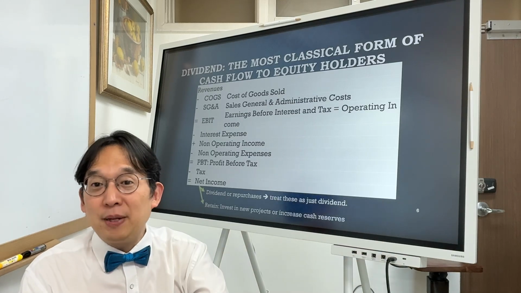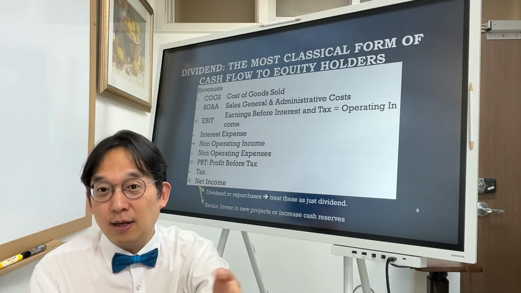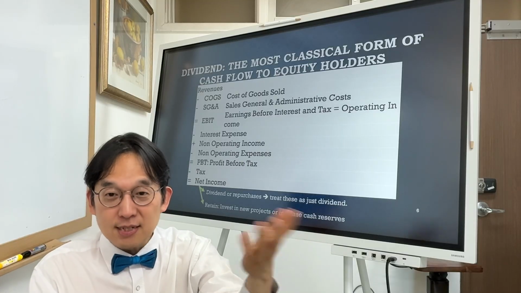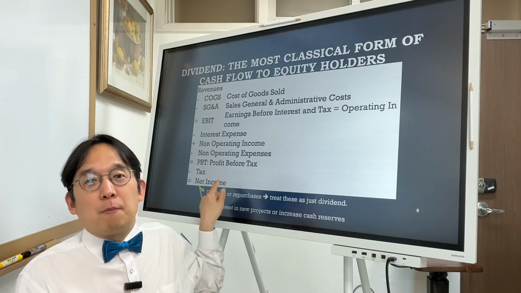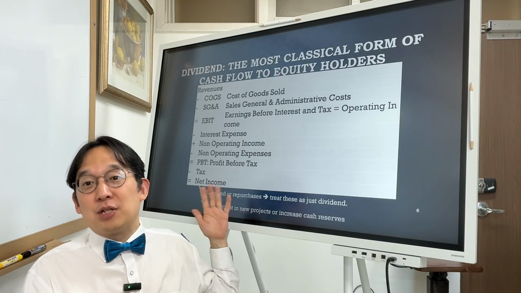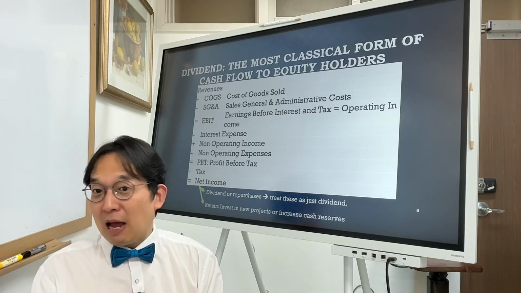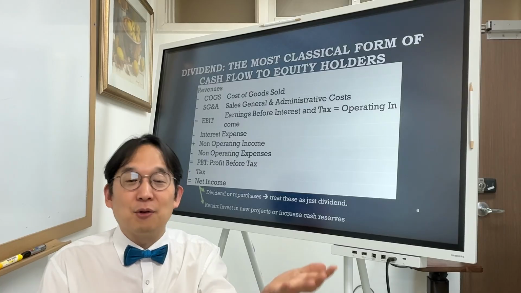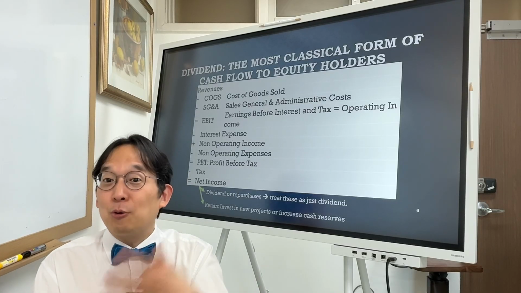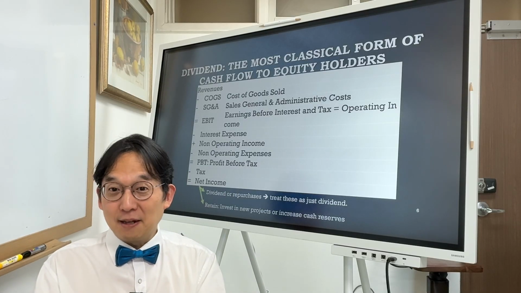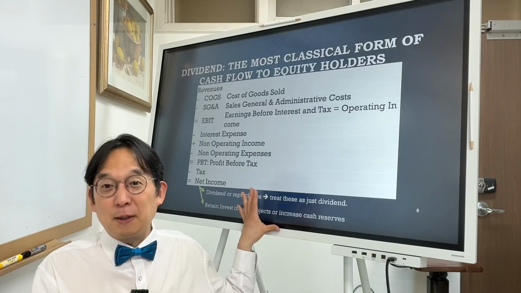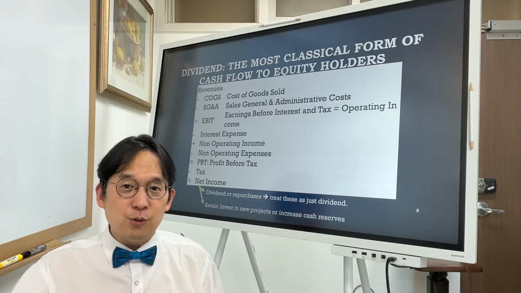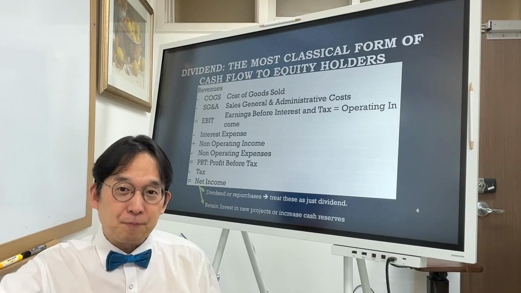Because you want to compete in the product market and grow your business. Otherwise, if you pay everything back to your shareholders, then how could you grow your company? Of course, you can still grow your company with borrowed money and things like that. But typically, a major part of it is retained and reinvested.